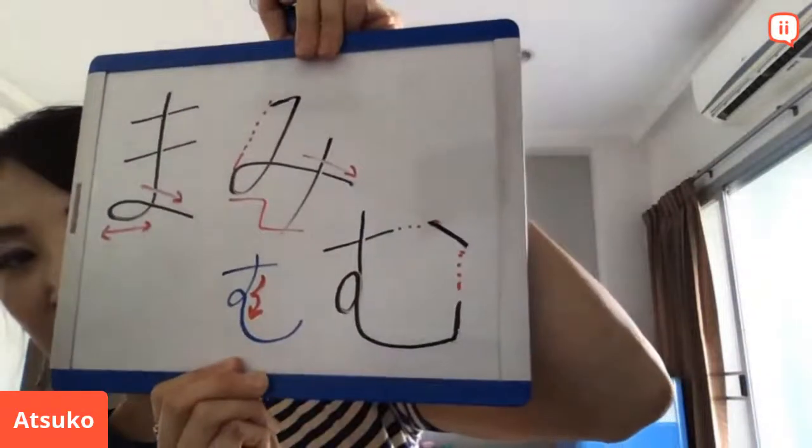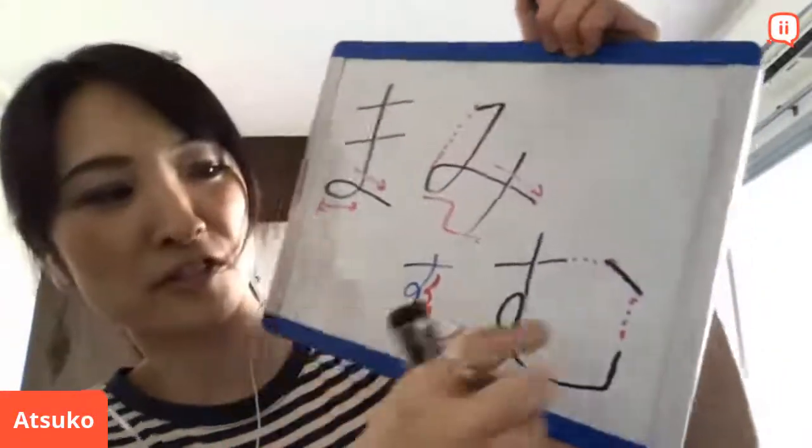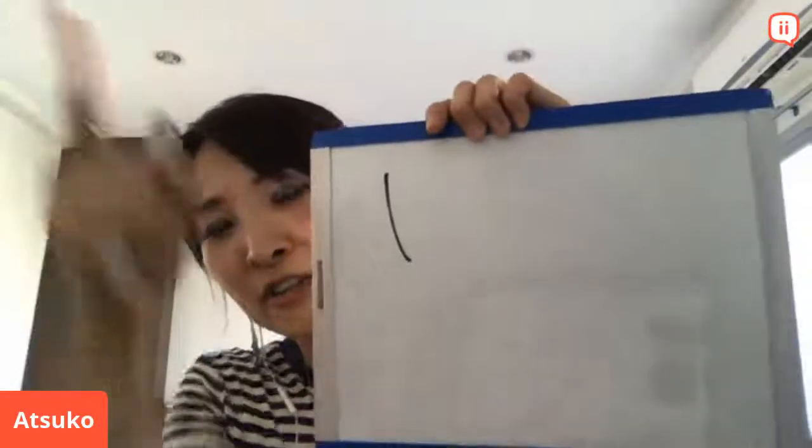The starting point of the last stroke is this line, like this. It's a little more difficult. The position is here. Next is me. Me is similar to nu and ne. The first stroke is a little bit curved. Go down to the right.